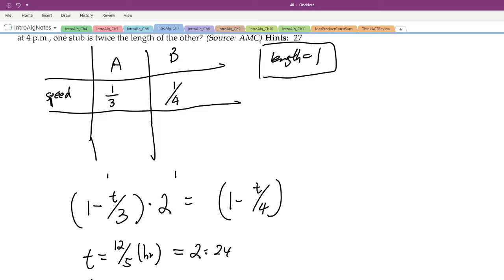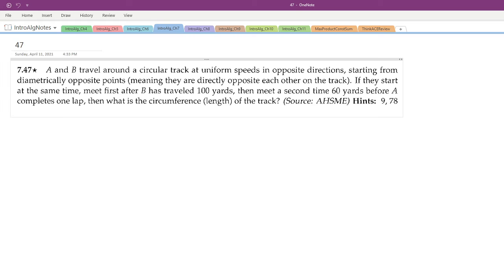The start time is 4 p.m. minus 2 hours and 24 minutes. So you have to start burning at 1:36 p.m. Okay.